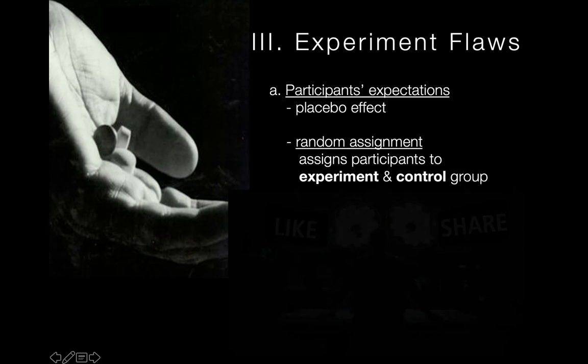So researchers try to draw their participants as randomly as possible from the population available. They don't want all women of a certain race in this particular example, or all women of a certain background. They want different cultures. They want as many different people as they can get to see if this is actually a thing.